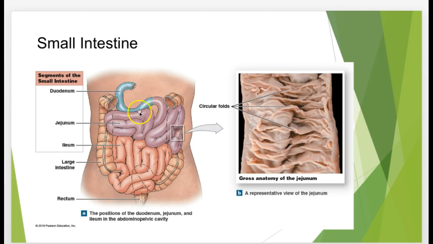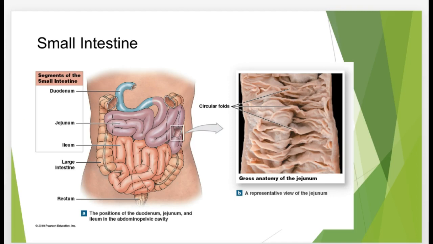So it's causing this whole go down, down, down, all the way around until we get into this area right here where the ileocecal valve is, and allows us to then move contents into our colon.